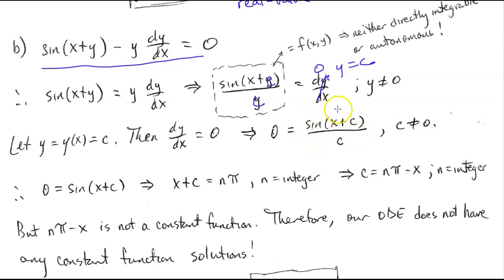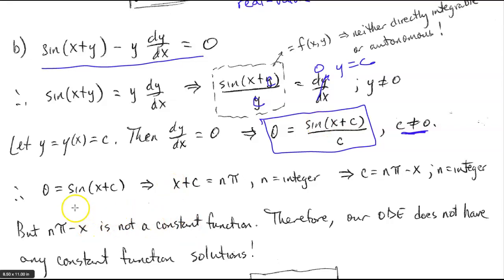Okay. And so if I looked here, then I would have this situation here, and I would have to find values of c that would satisfy this equation, where of course c would not be able to equal 0, because if I had that, then that would make this whole expression on the right be undefined.